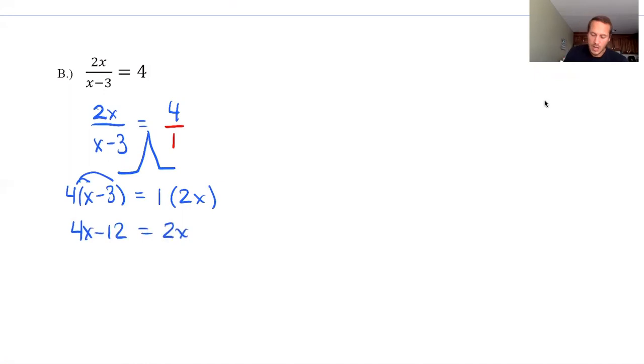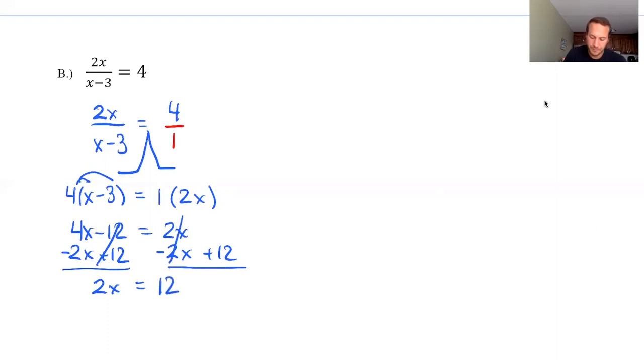Okay. Let's move this 2x over. If I move that 2x, I want to move this 12. That's going to give me 2x, this cancels, is equal to 12. Divide both sides by 2, and I get x equals 6.